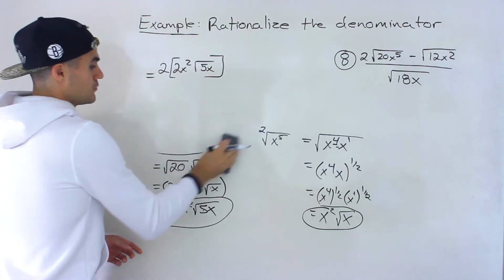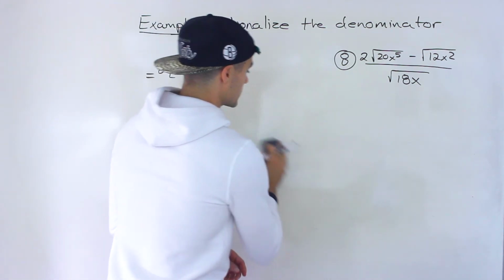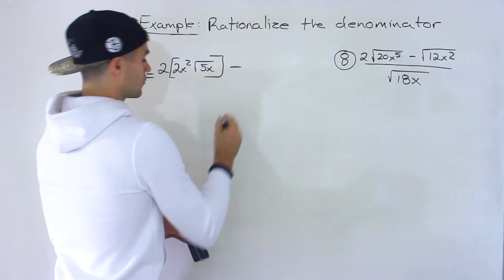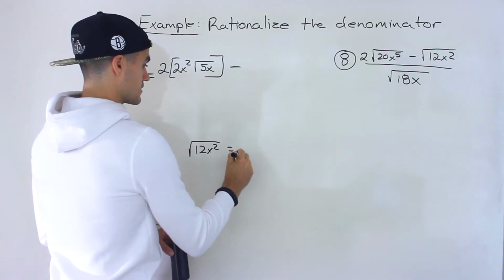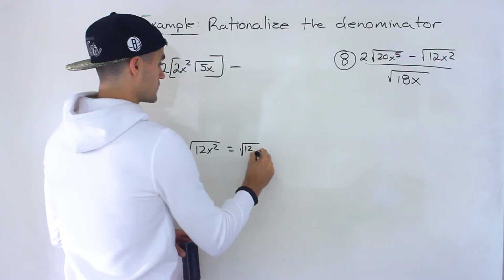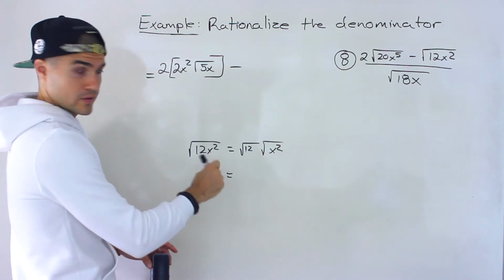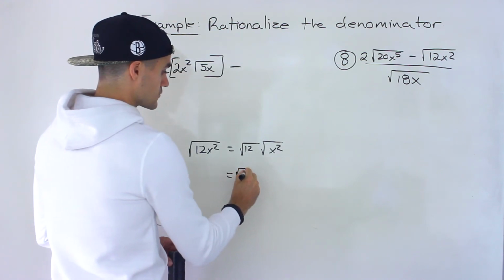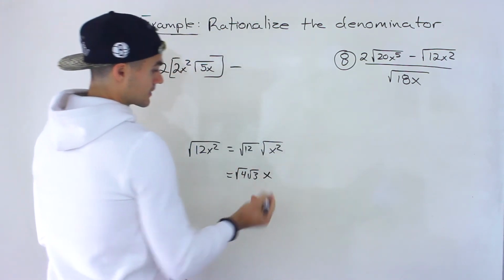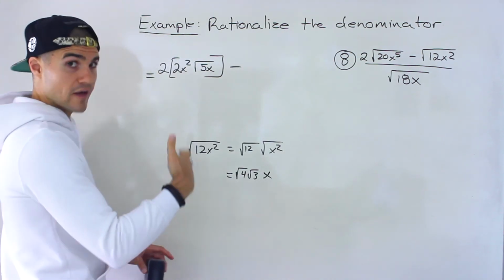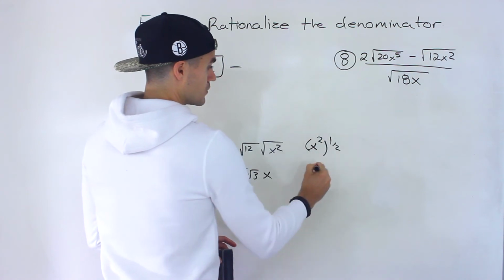Right? And so now we can move to the next radical, which would be root 12x squared. So we'd have a minus, and then the root 12x squared, I'm going to simplify here, so that'd be root 12 times root x squared. The root 12, we can break that down into root 4 times root 3. And then the root x squared, that's just x, right? The square root of x squared, which is like x squared to the power of a half.